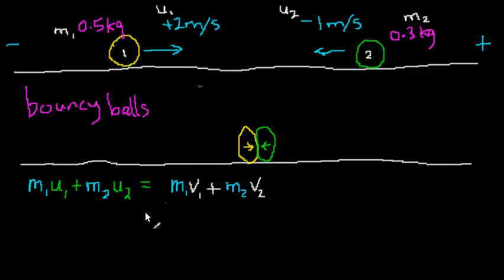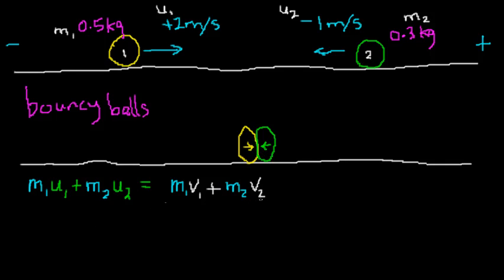M2 U2 comes from the momentum of the green ball, and M1 V1 is the momentum of the yellow ball after colliding. And this one is from the green ball after colliding.